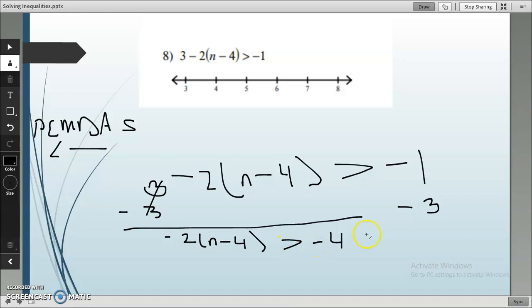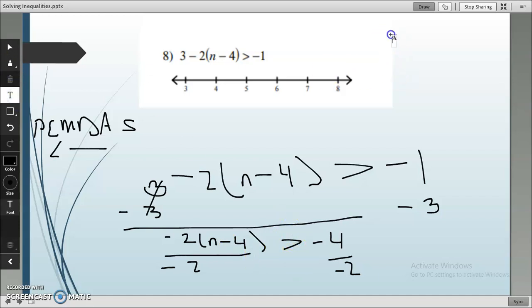Now here's where it differs. This is where it differs from equations. So now, as you can see, the next thing I need to do is divide by a -2. Whenever I divide by a negative number, or if I multiply by a negative number, my inequality flips.